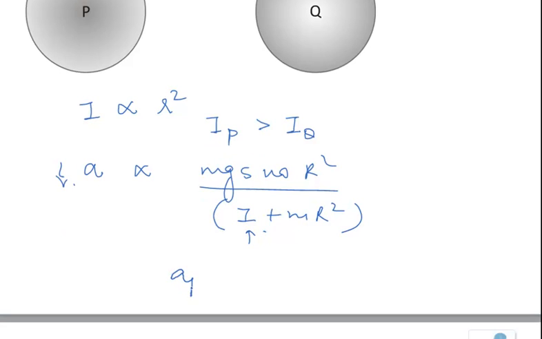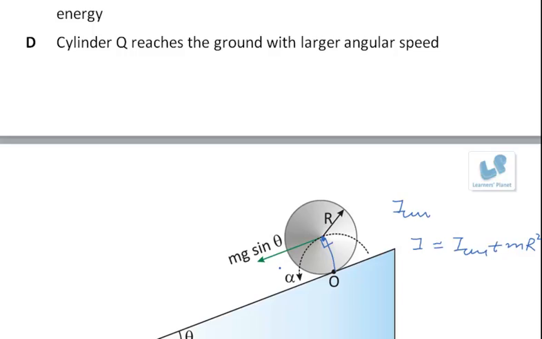So acceleration of P will be less than acceleration of Q. Which basically means that if the acceleration of P is less, it will take more time in reaching the base of the incline, and Q will take lesser time because acceleration is more.